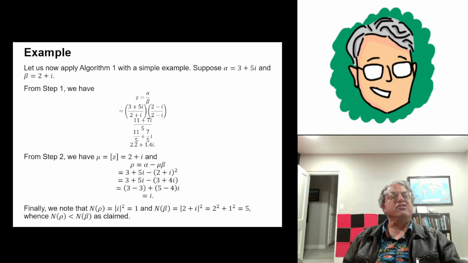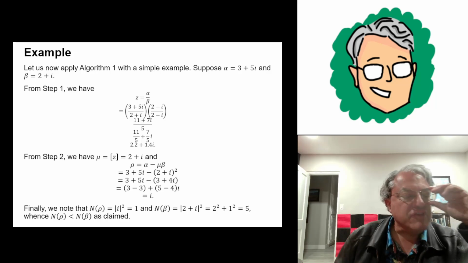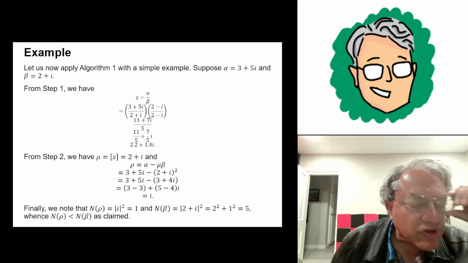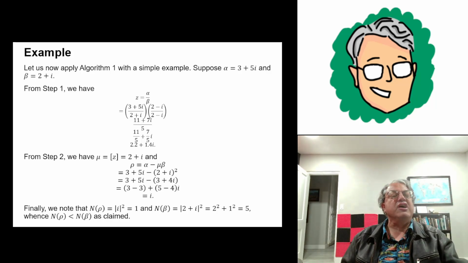And then when you do that, you get 11 plus 7i over 5, which we can split up into real and imaginary parts. That's 11 fifths plus 7 fifths i, and it's kind of nice we have a denominator of 5 here. We can write these as terminating decimals. We get 2.2 plus 1.4i.